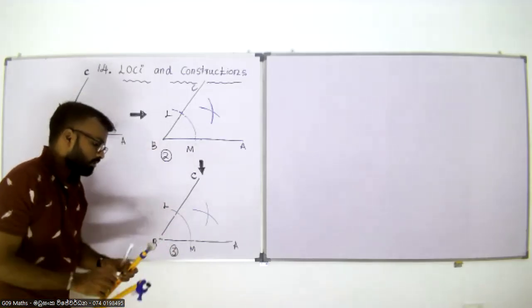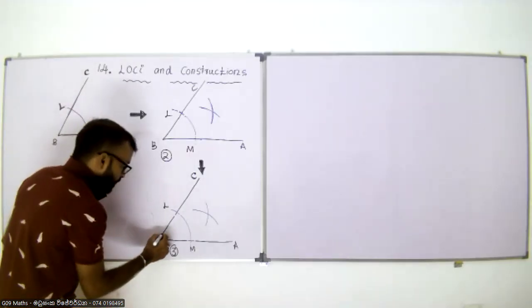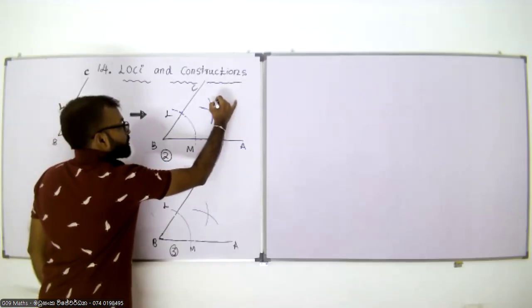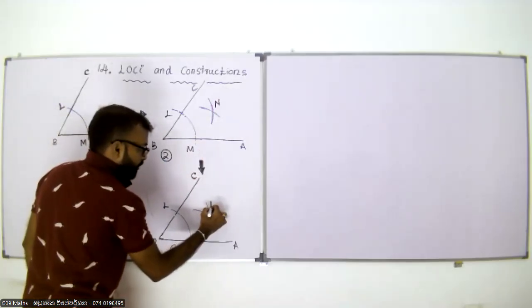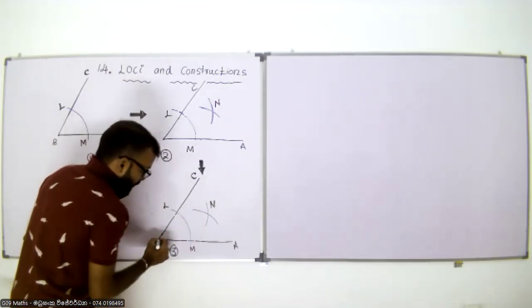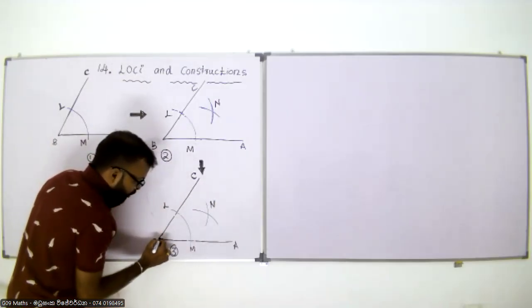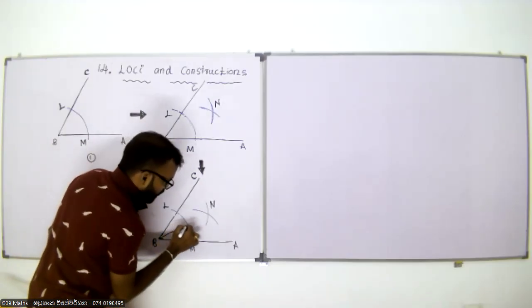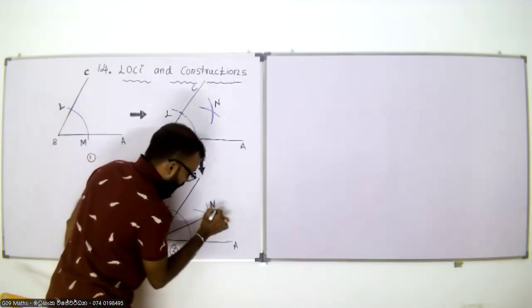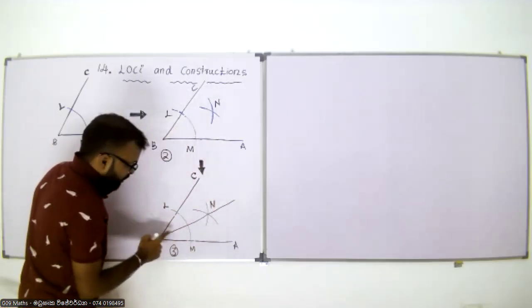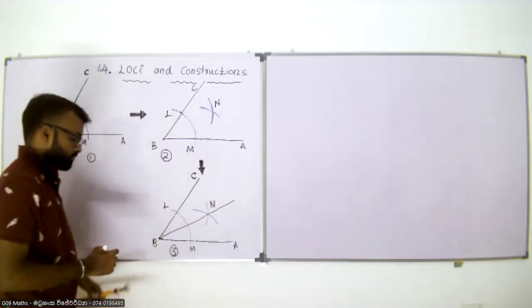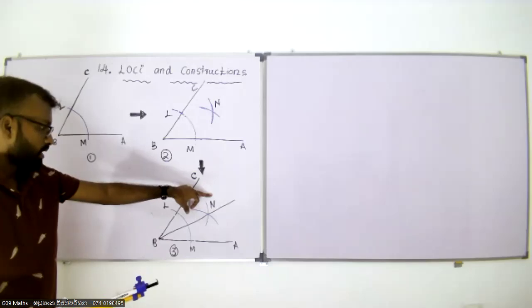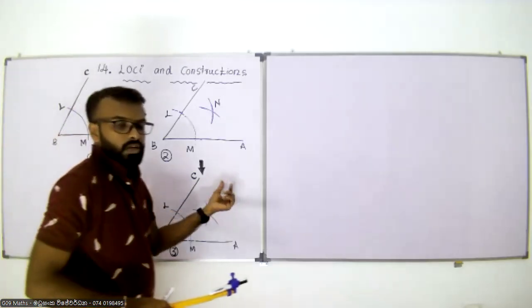Then take your ruler. Mark this intersected point as A. Then join point B and point A by using your ruler and the pencil.